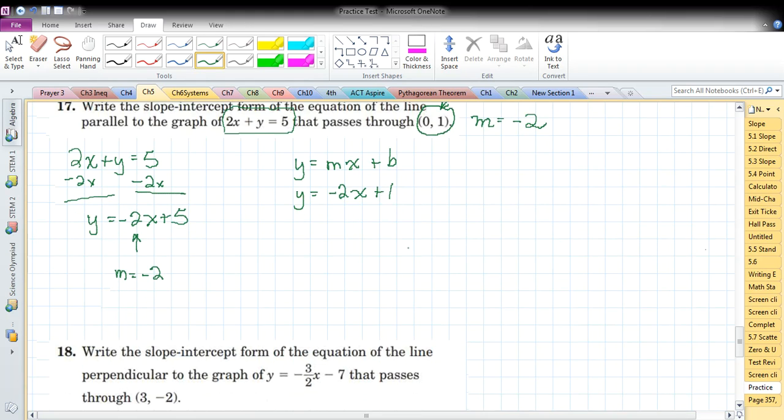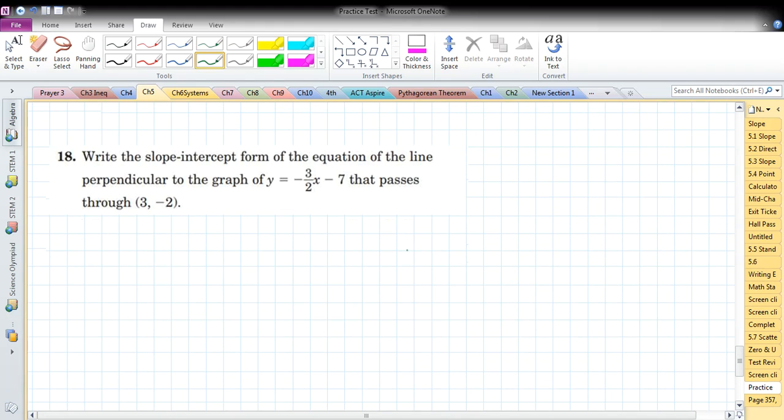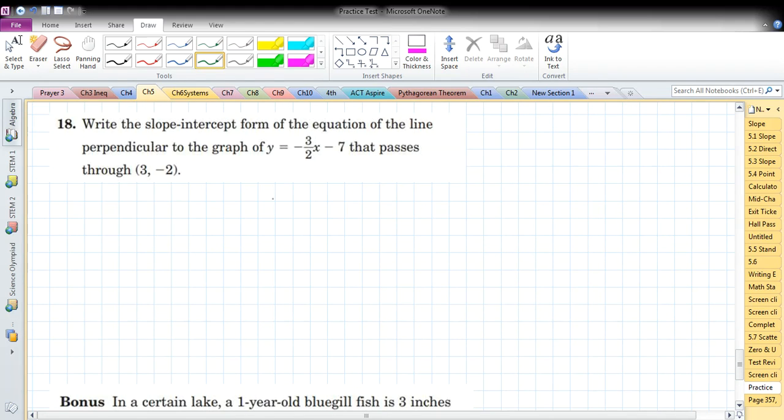So let's try it. Write the slope-intercept form of the equation of the line perpendicular to the graph of this line. Well, here's my slope of this line. So m is equal to negative 3/2. And I want something perpendicular. So we know that means we need the opposite reciprocal.